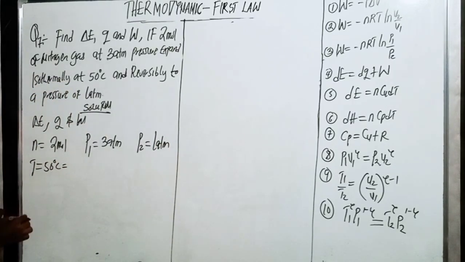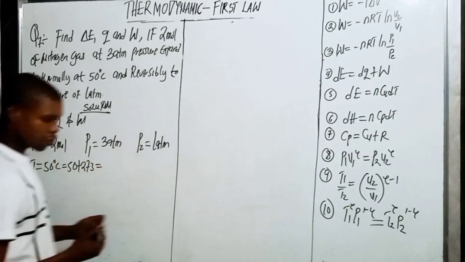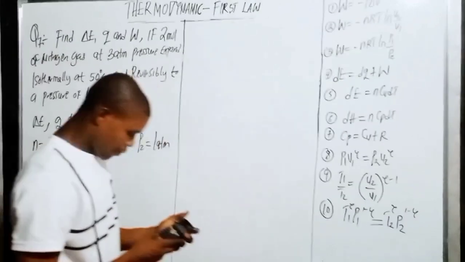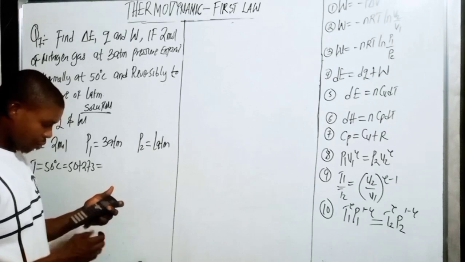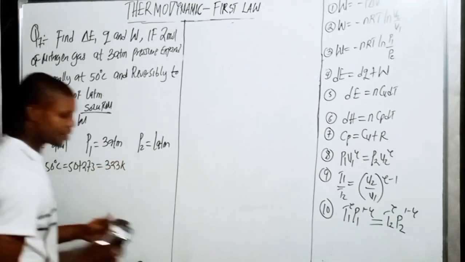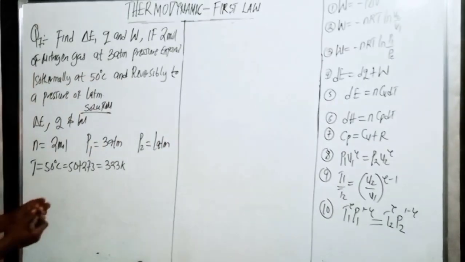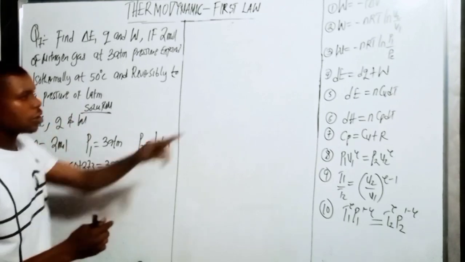Of course, I want to convert to Kelvin, right? 50 plus 273, right? So 50 plus 273 is equal to 323 Kelvin, right?